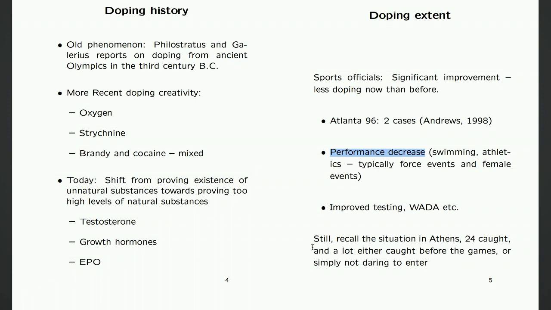But we don't really know whether they take something else, do we? It could still be that to reach the level they have today, they have to use performance-enhancing drugs or doping. So it is really hard to say precisely whether it's going up or down.